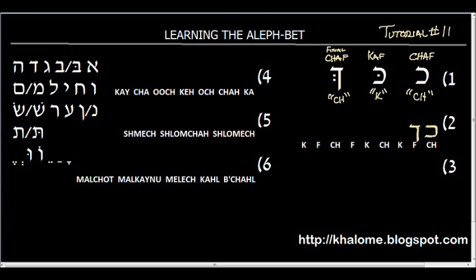And don't confuse this with the final nun as well. You always need to have the horizontal line along the top. If you want to, you can practice putting the silent shva there.